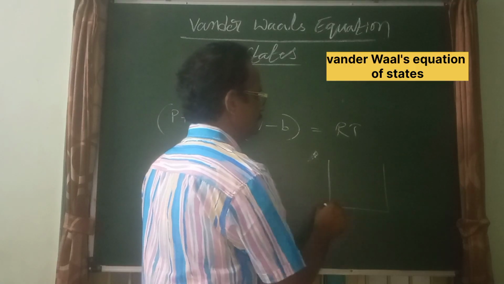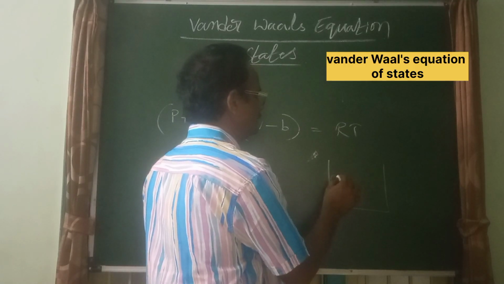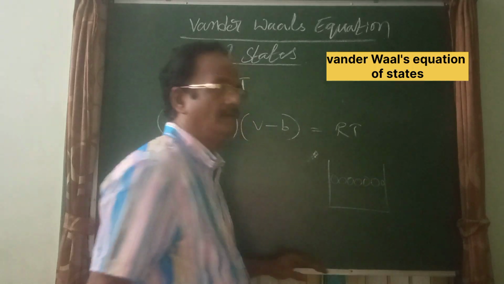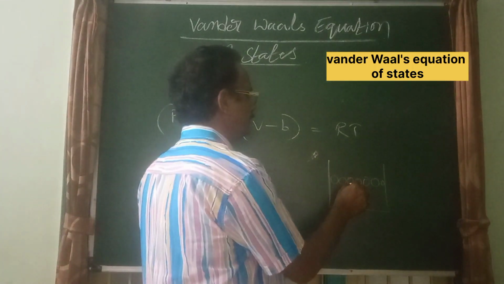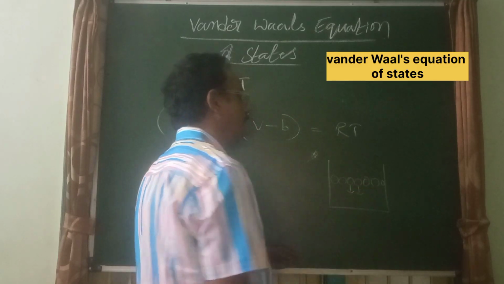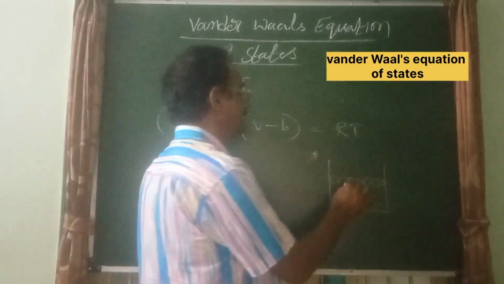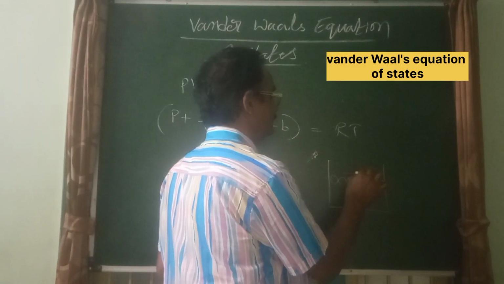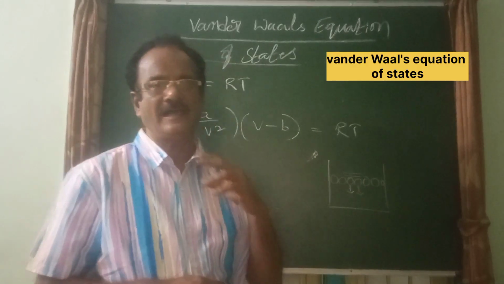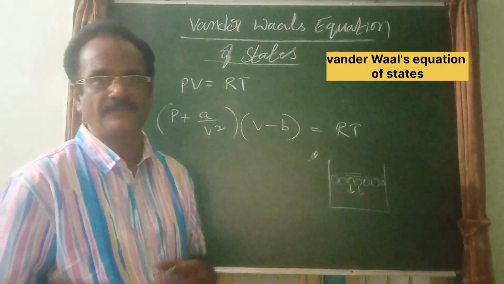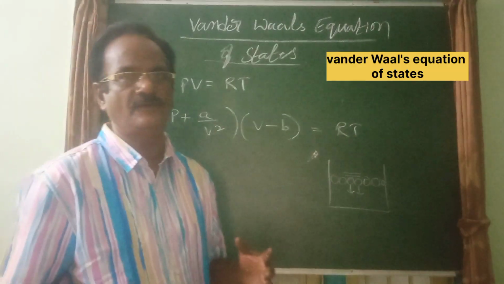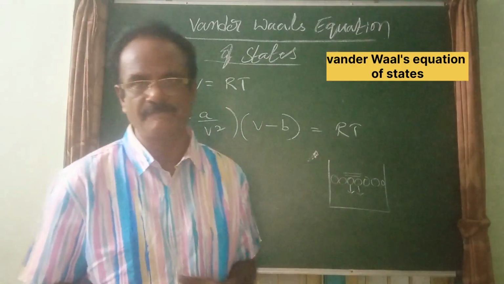Correction of pressure. When you consider a gaseous molecule on the surface, it will experience pressure towards this direction, but it never experiences pressure from this direction. Is it clear? When the ideal gas equation was proposed, the pressure was considered as the force experienced by the gaseous molecule uniformly.